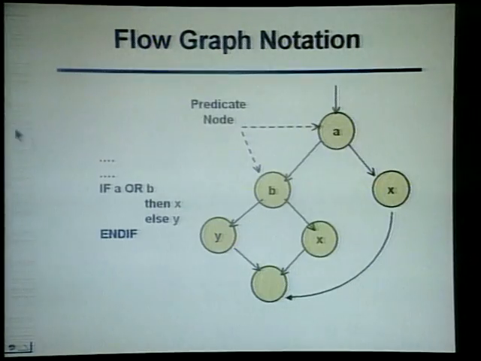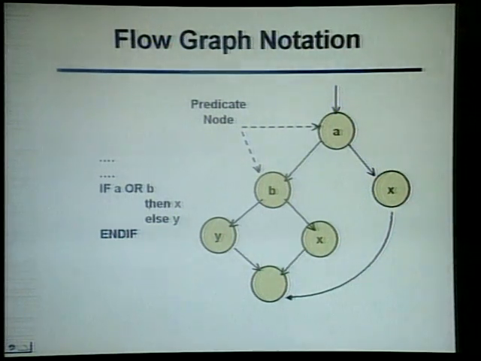For example, here we have a complex condition: if A or B, then X, else Y. Now, you have to understand the meaning of that if statement. It simply says if the condition A or the condition B is true, one or both of them, then we should execute X. Now, if both conditions are false, then we execute Y.